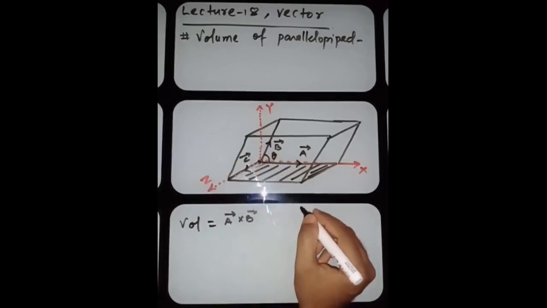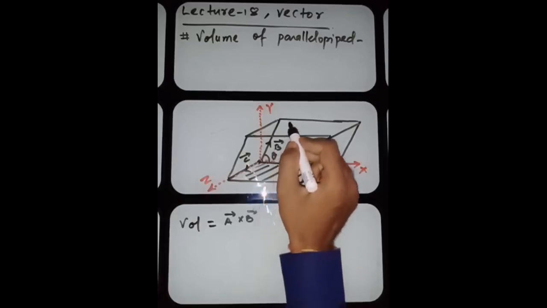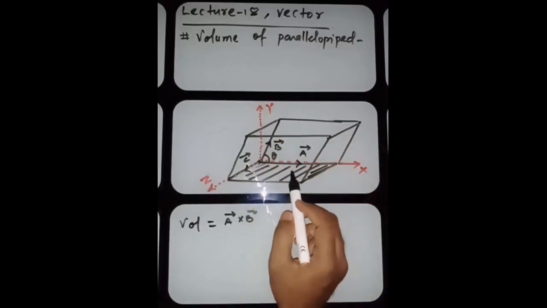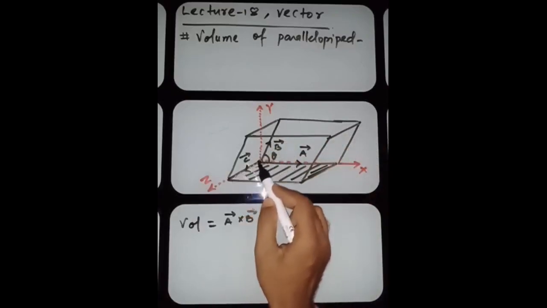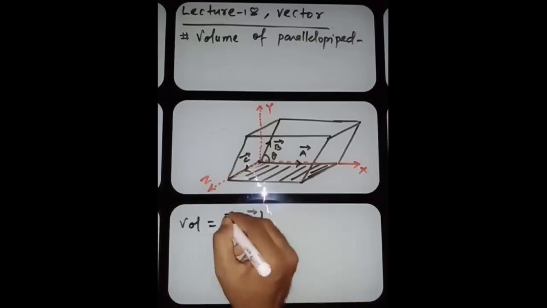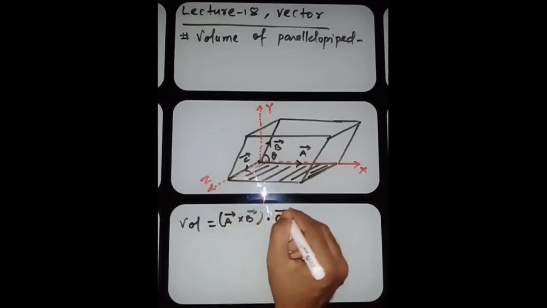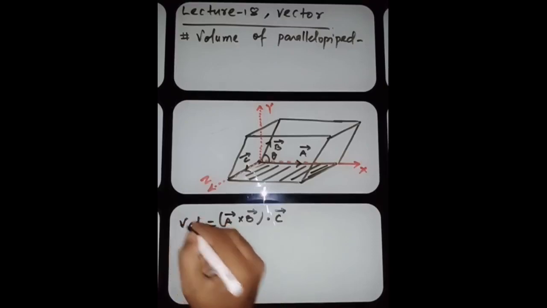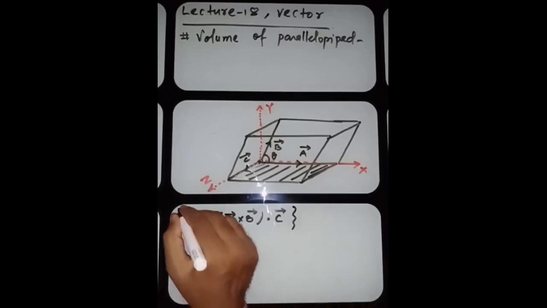A cross B gives you the area of this side, simply. And when you multiply with this side, C, you will get the volume. So dot C. You can see this is the scalar triple product. It means the scalar triple product of three consecutive sides of a cuboid gives the volume of the parallelepiped. This is very important, my dear students, so you must remember. The formula of volume will be this one.